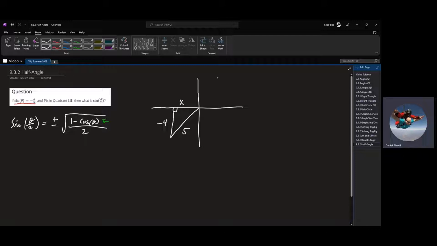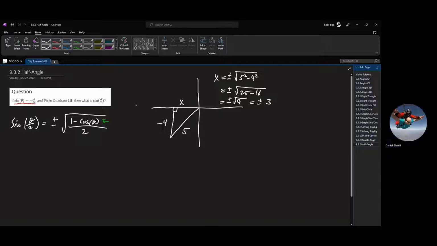So using the Pythagorean theorem, we know x is equal to plus or minus the square root of 5 squared minus 4 squared, which is equal to plus or minus the square root of 25 minus 16, which is equal to plus or minus the square root of 9, or plus or minus 3.